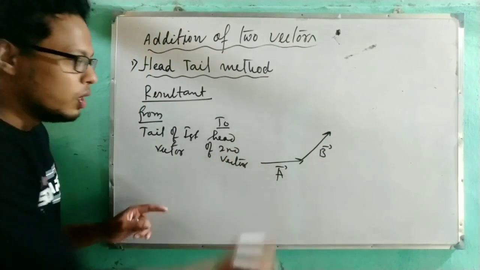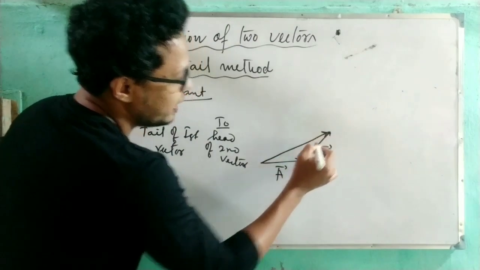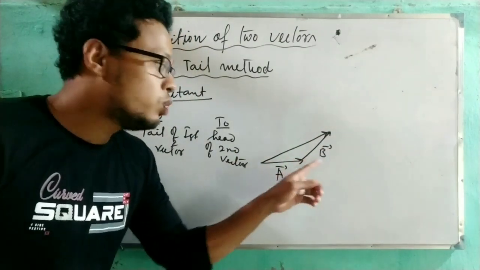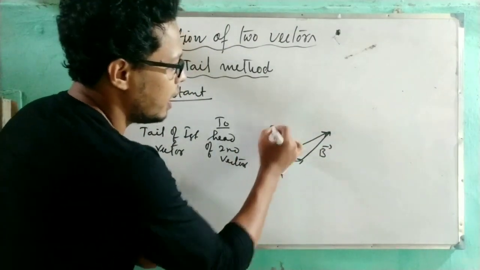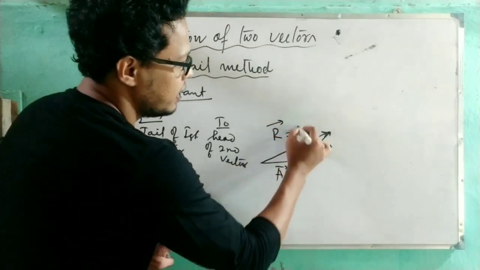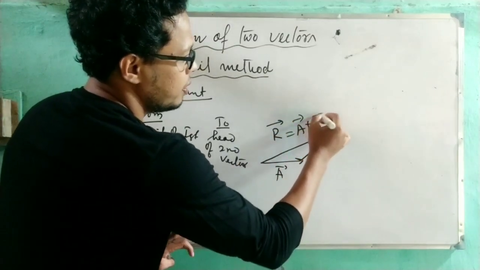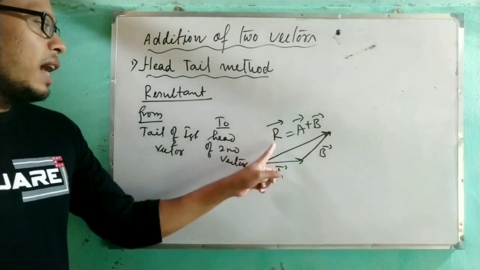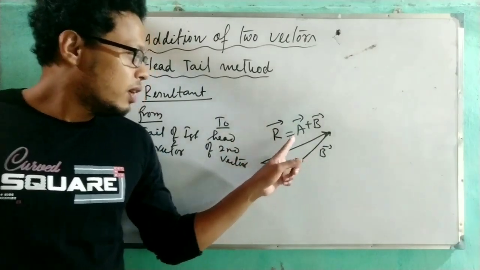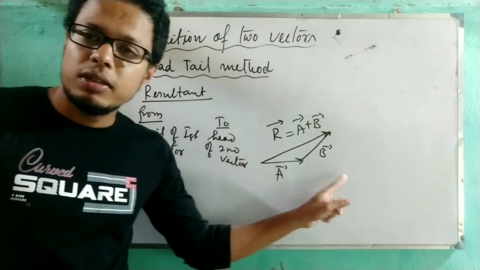Then this vector will give the resultant of these two vectors. This is represented by R, meaning this R vector we can write as A plus B. This R vector represents the addition of these two vectors.